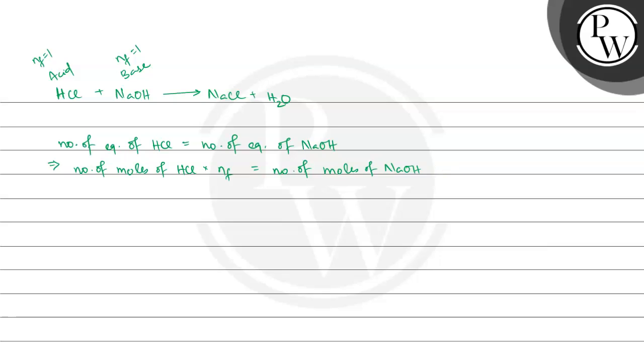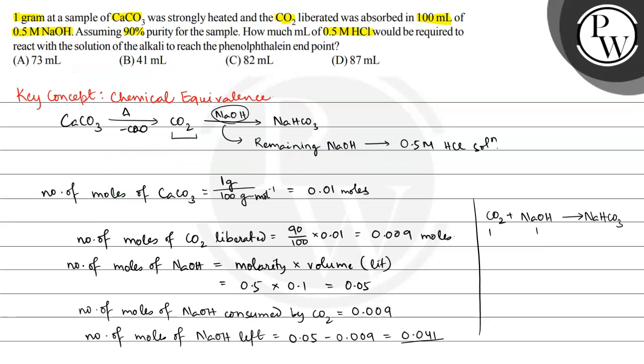So if we put these values, that's multiplied by 1, and here also this is multiplied by 1, then this will be the same value. So number of moles of HCl is equal to number of moles of NaOH, and number of moles of HCl हम calculate कर सकते हैं molarity multiplied by volume, and this is equal to the number of moles of NaOH जो कि हम find out किए थे, which is equal to 0.041.